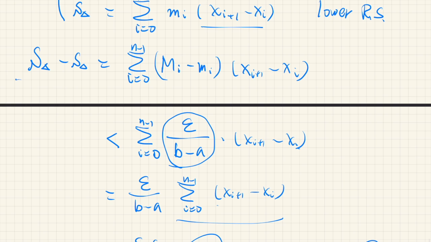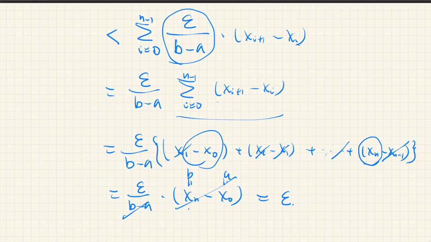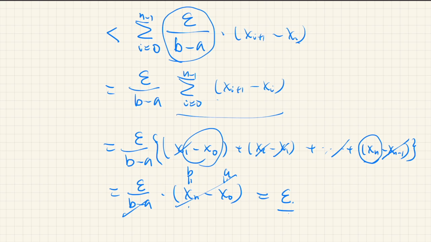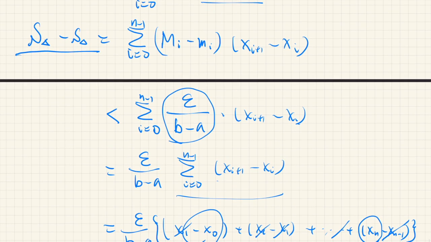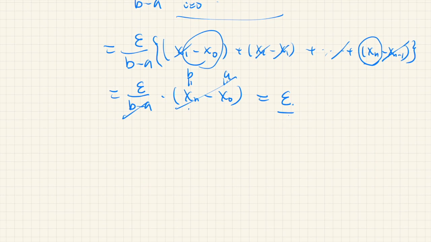So that means this difference is less than epsilon, but epsilon is any positive constant. So that means this will converge to 0 as we refine the partition, finer and finer. So in particular, we have the infimum of capital S delta, infimum with respect to the partition, minus the supremum of lowercase s delta, supremum with respect to this delta.